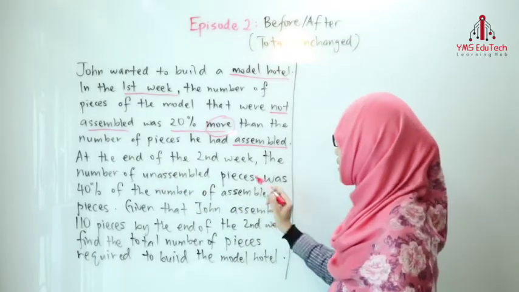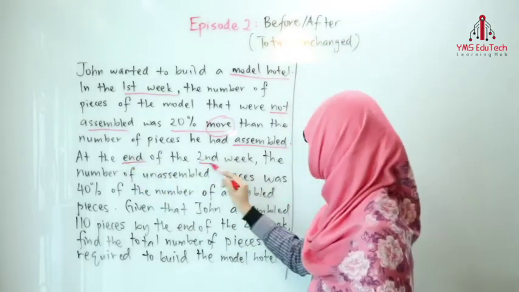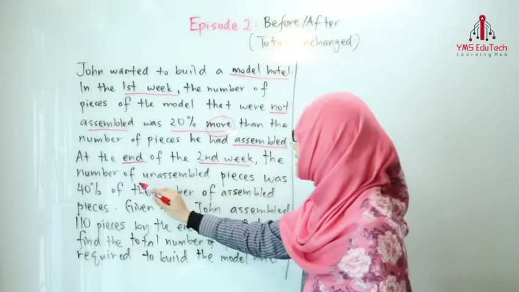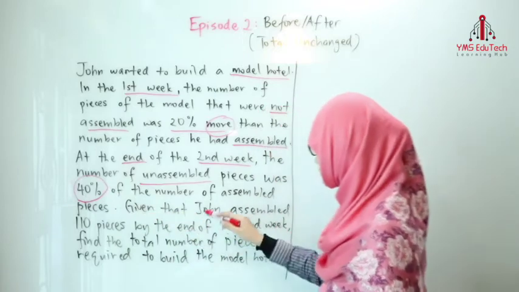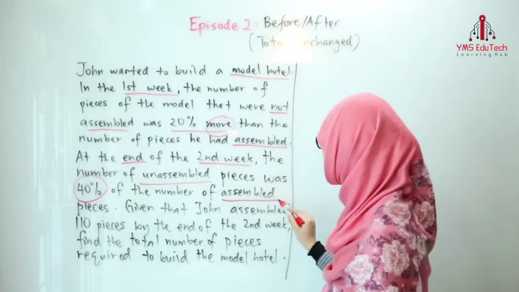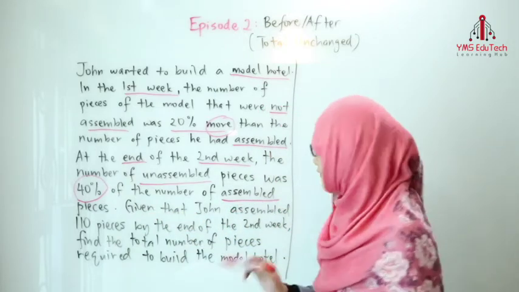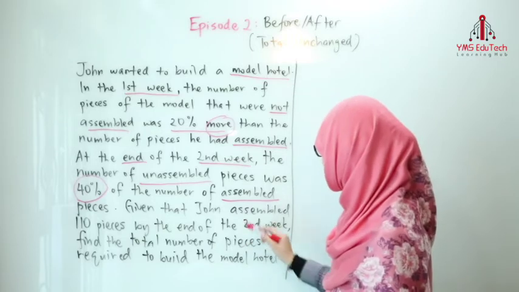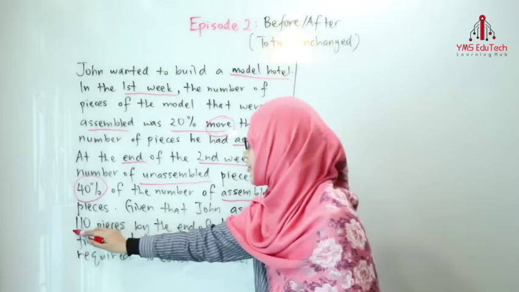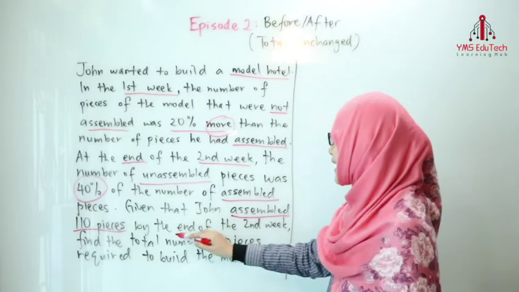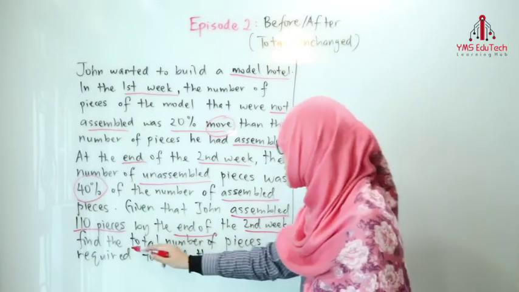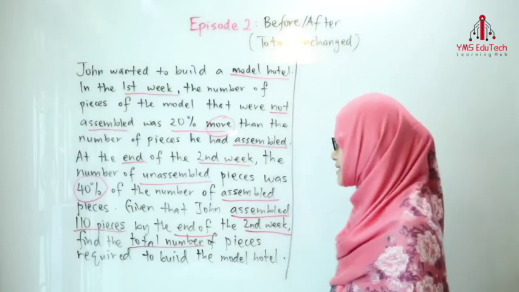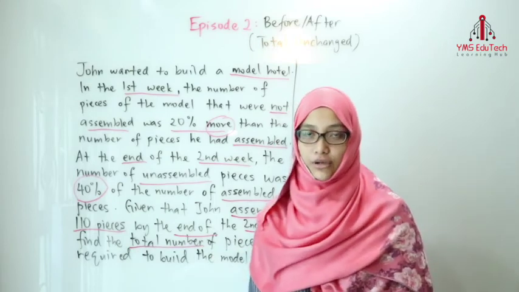At the end of the second week, the number of unassembled pieces was 40% of the number of assembled pieces. Given that John assembled 110 pieces by the end of the second week, find the total number of pieces required to build the model hotel.